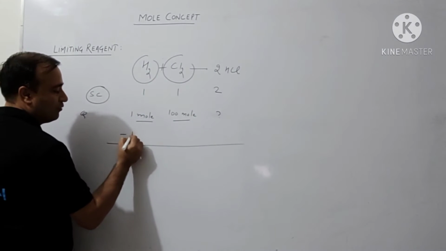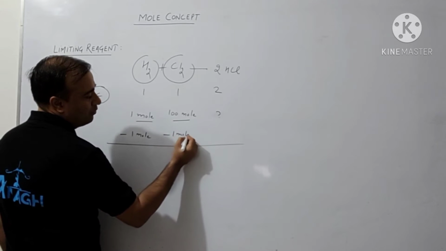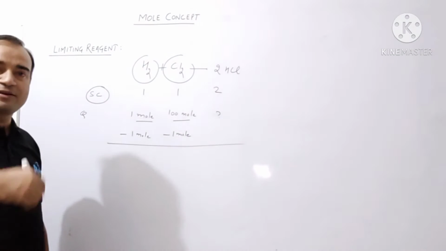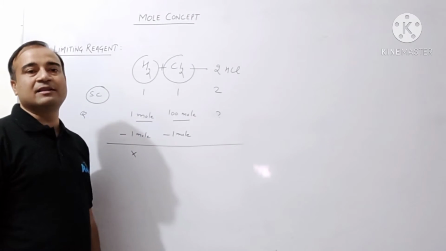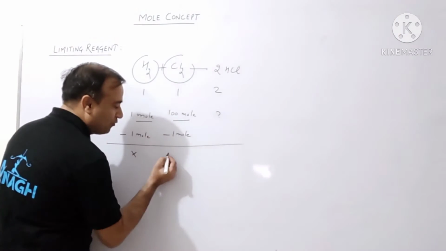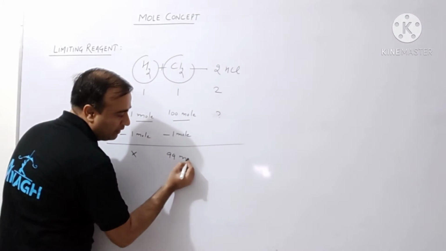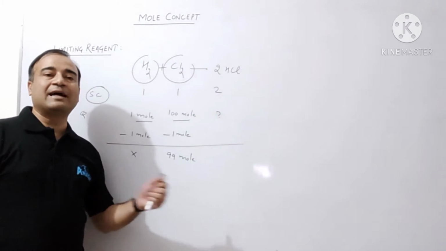As I know, 1 mole of H2 is going to react with 1 mole of Cl2. So after the reaction, there is no H2 remaining in the container, and the remaining amount of chlorine should be 99 moles.